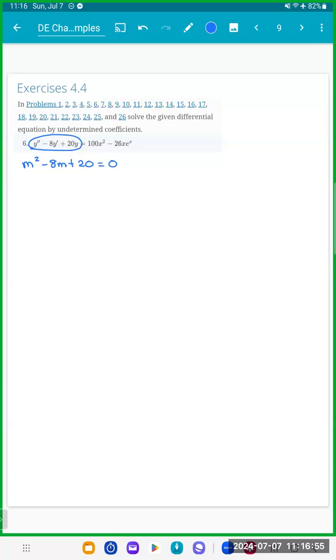Using our quadratic formula again, like in the previous example, we get that m is 4 plus or minus 2i. Our complementary solution then is y sub c, that is c1 e to the 4x cosine of 2x plus c2 e to the 4x sine of 2x.